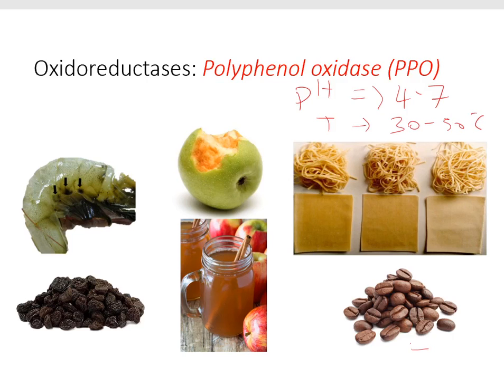So how can we inhibit this enzyme if we don't want the formation of melanins, the brown pigments? So we said this is the optimum pH. So that's why one inhibition strategy can be acidification.